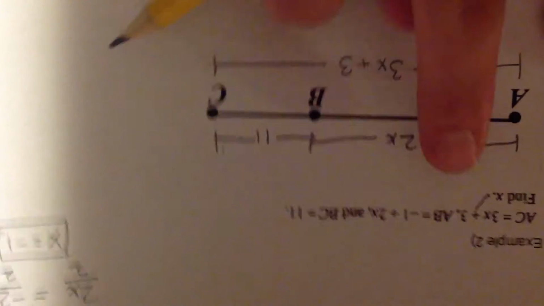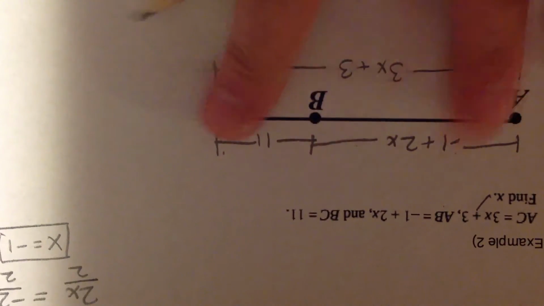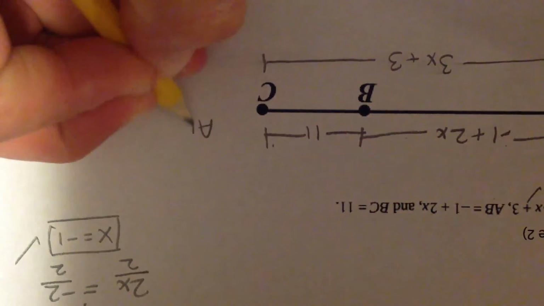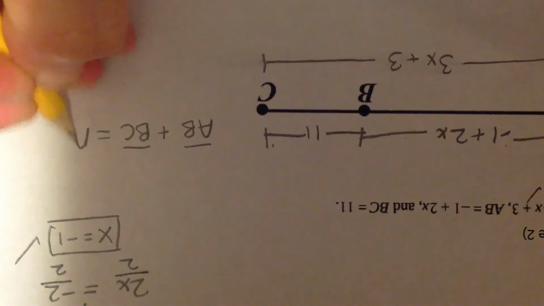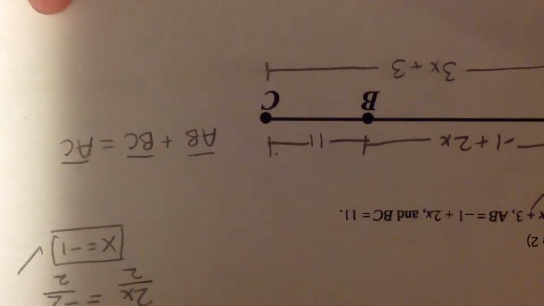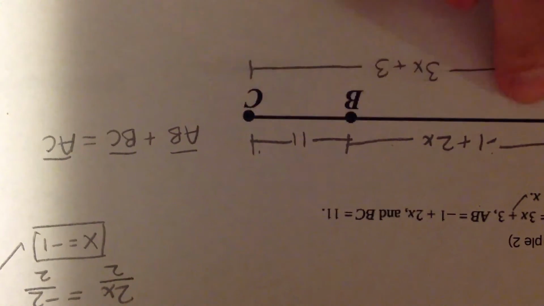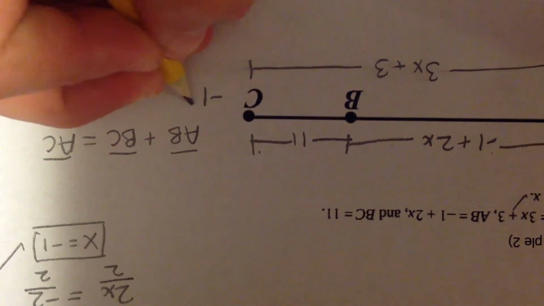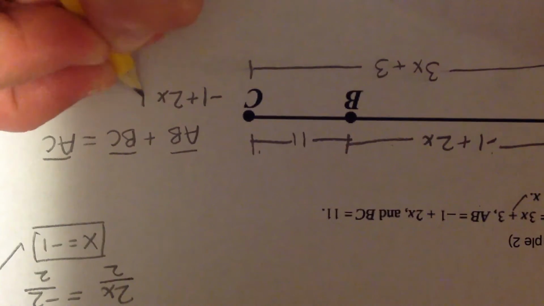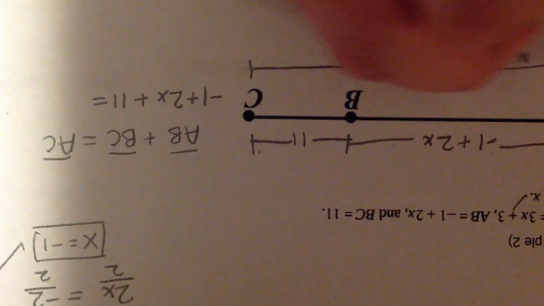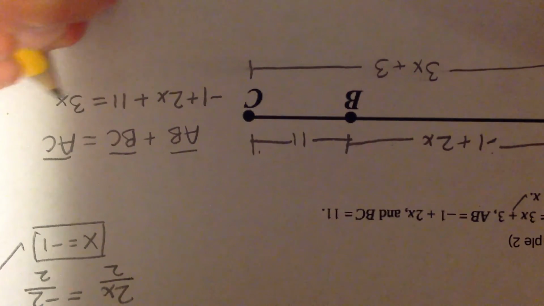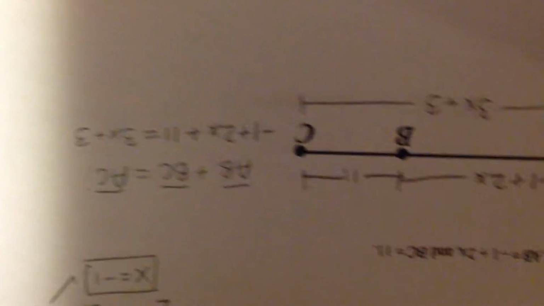Again, what I do is I take small piece plus small piece equals the entire piece. So I'll say AB plus segment BC equals the entire segment, which is AC. Let's substitute in what we're given. AB is negative 1 plus 2x plus BC, which is 11, equals AC, which is 3x plus 3.